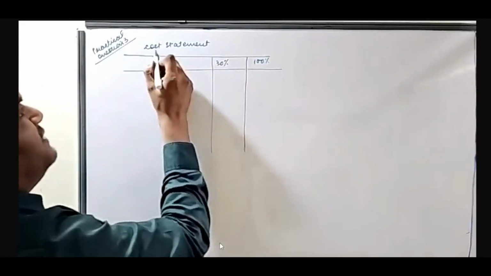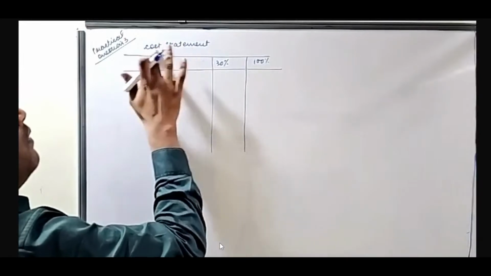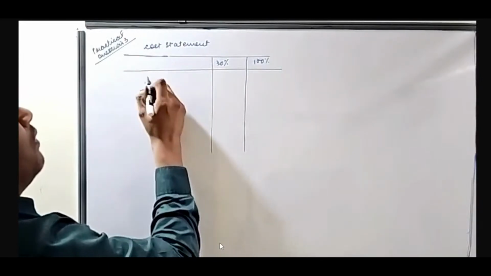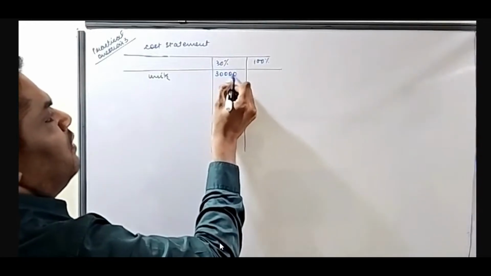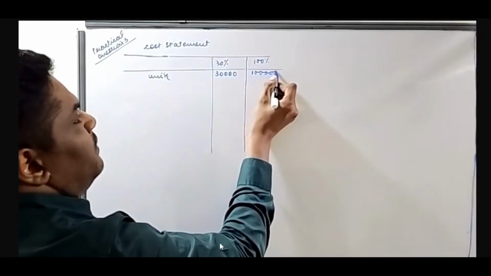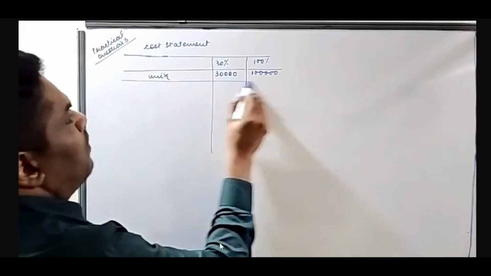At 30% capacity level, my units will be 30,000, and at 100% capacity level, my units will be 1 lakh.